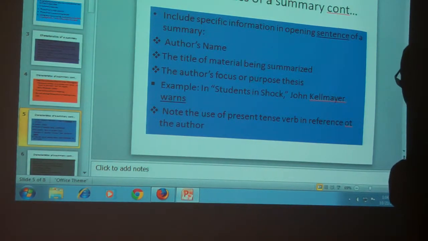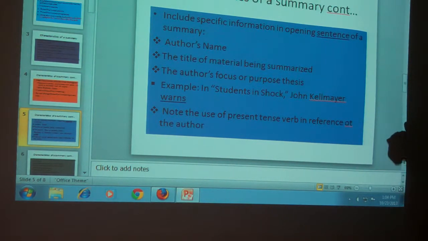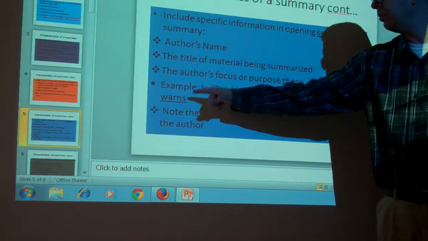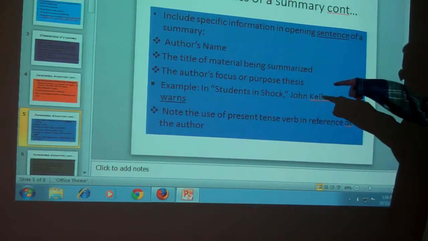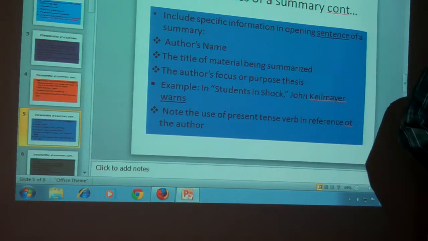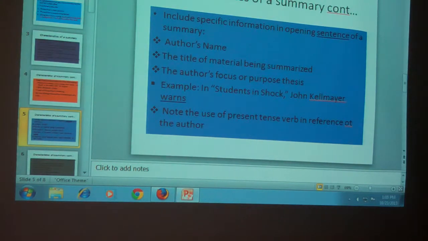That was my typo, in case you're wondering. I'll be sure to go in and fix that, so I apologize for that. But again, the verb is present tense. This verb is very important because it signals information coming from the author. So that's very key. I'm going to move down now to the next slide.